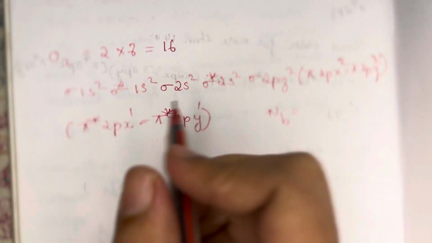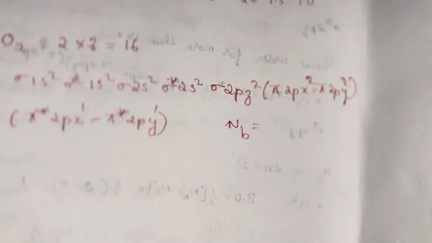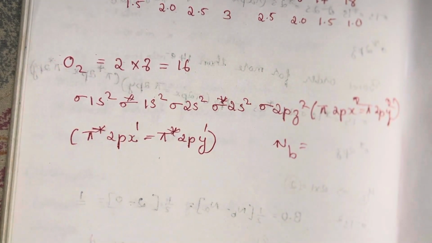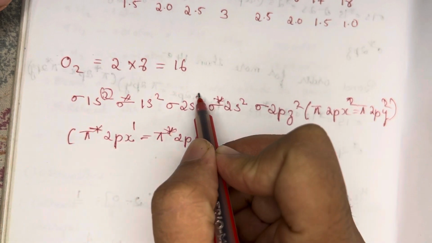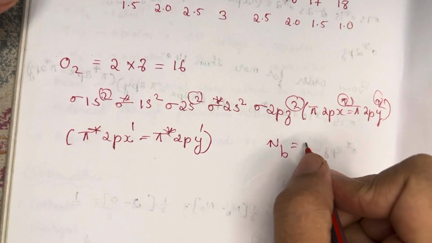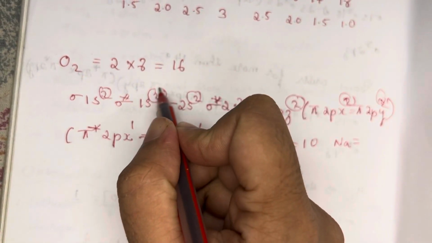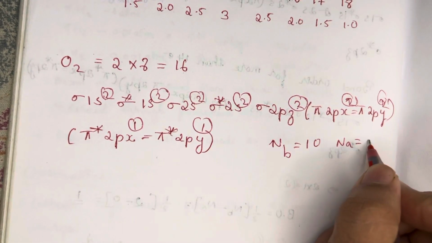Nb is equal to how much? The number of electrons present in the bonding molecular orbitals: 2, 4, 6, 8, 10. Na is equal to how much? 2, 4, 5, 6.